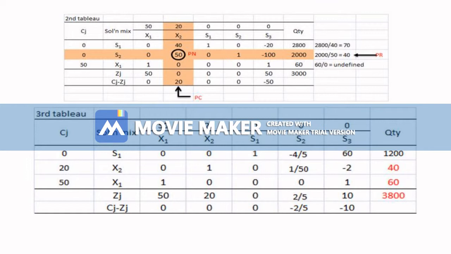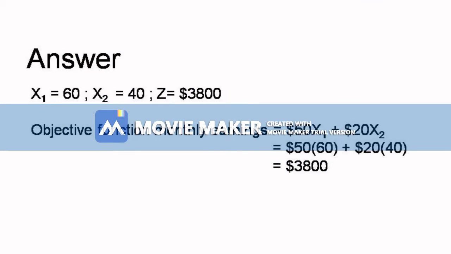And from this, we have a z value of $3,800 with an x1 which is equal to 60 and x2 which is equal to 40. And to verify the answer, we substitute the x1 and x2 into our objective function, and then we get $3,800.